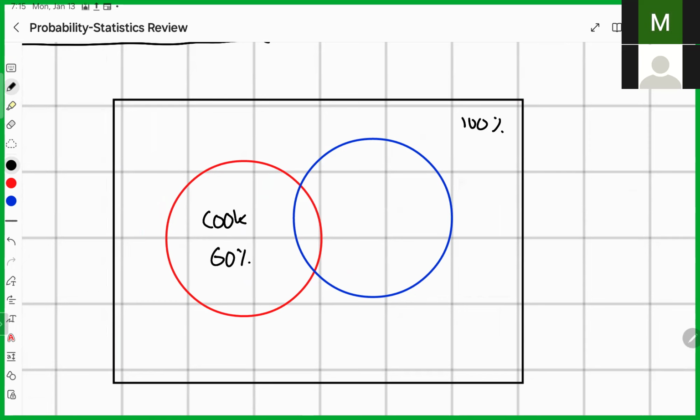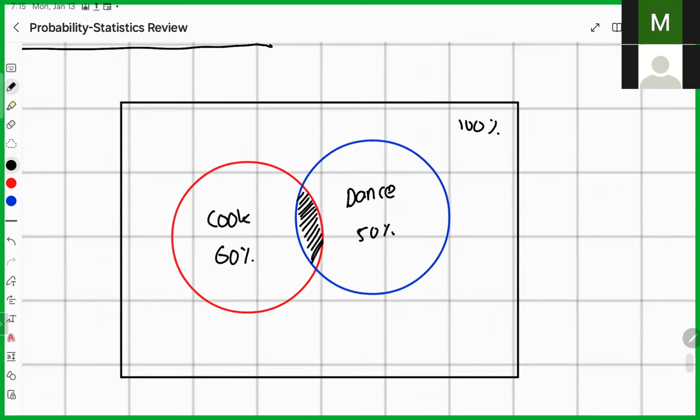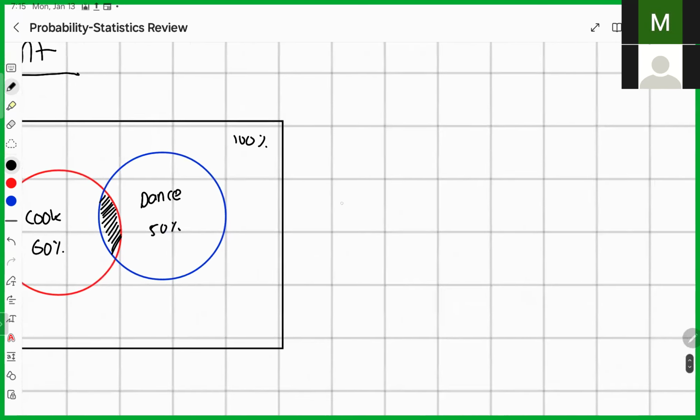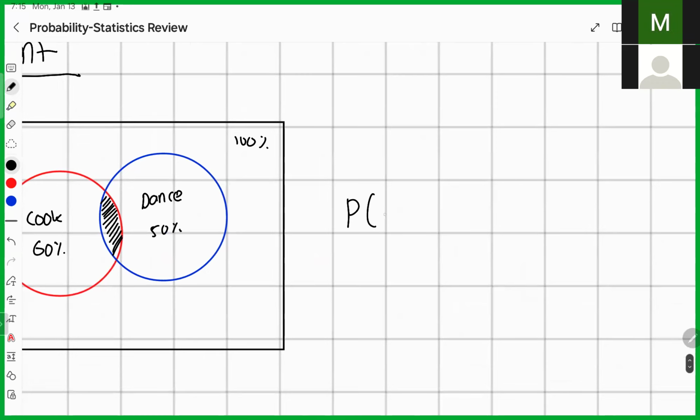and 50% of them love to dance. So this is what intersection is, and usually we can express this with the probability of S intersection P here.